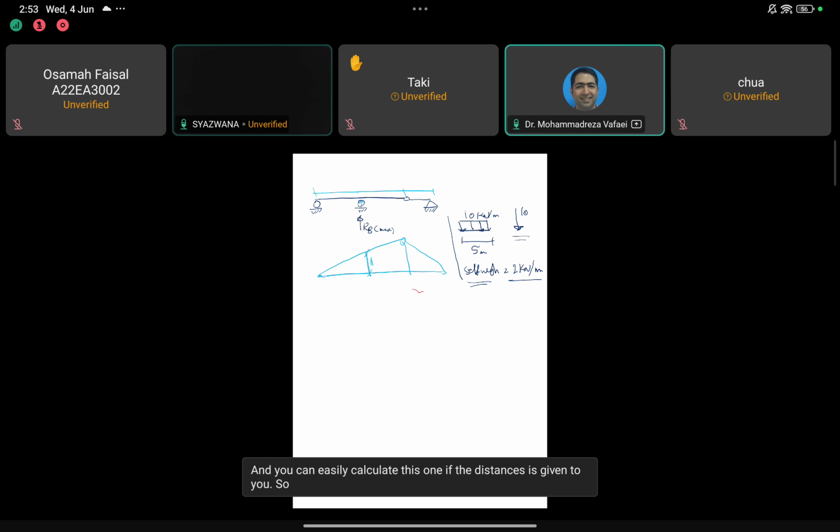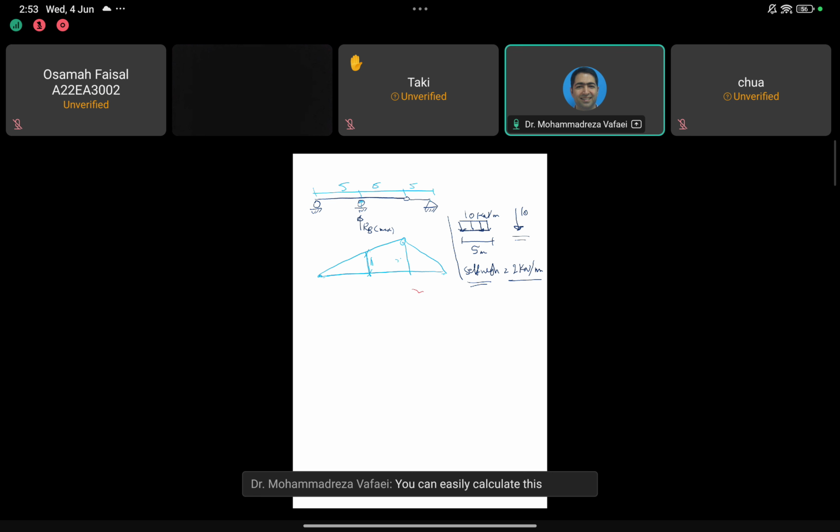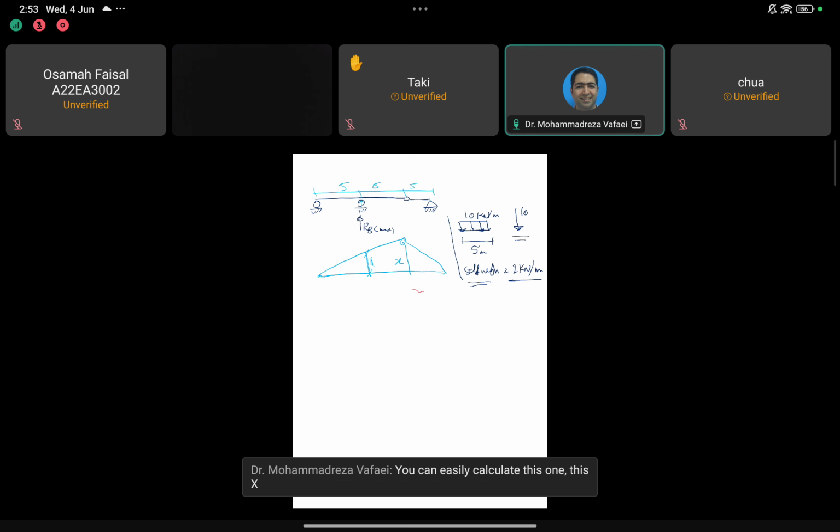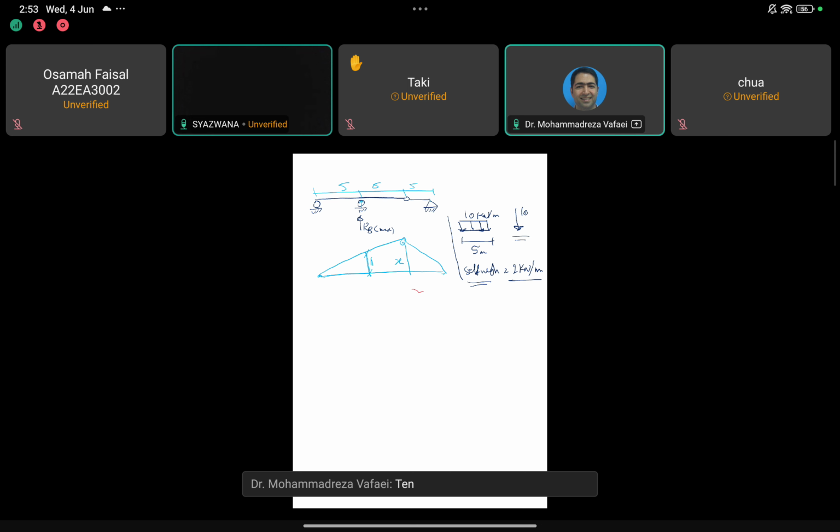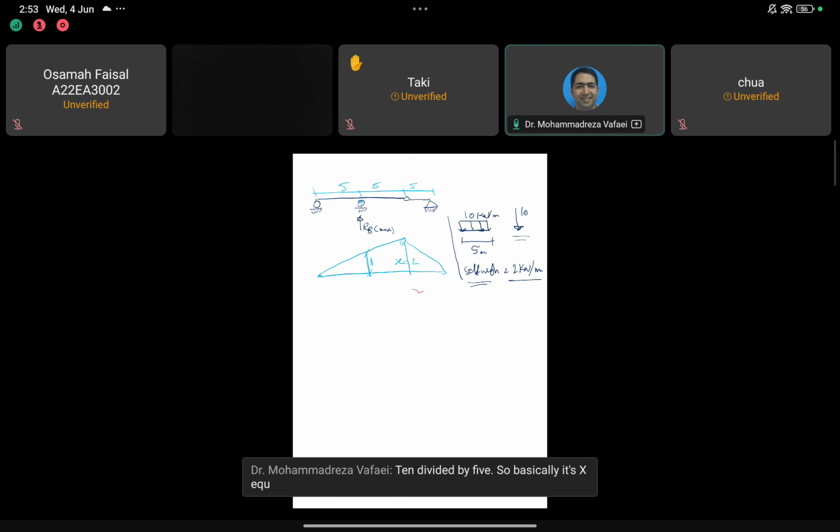So let's assume that everything is 5 meters here. In that case, you can easily calculate x over 1 equals 10 divided by 5. So basically, x equals 2. So this is the influence line of RB.